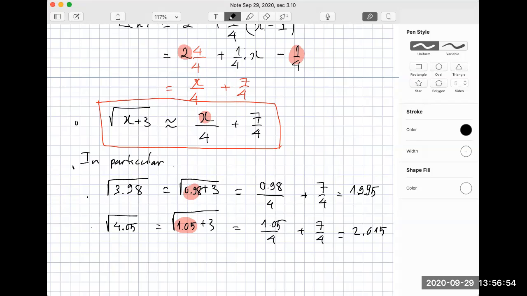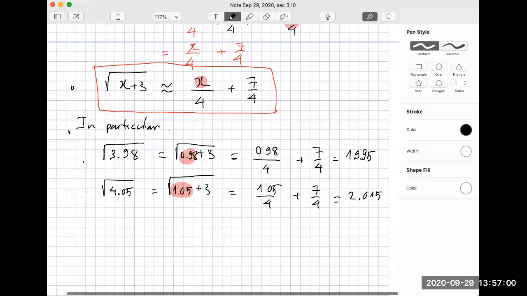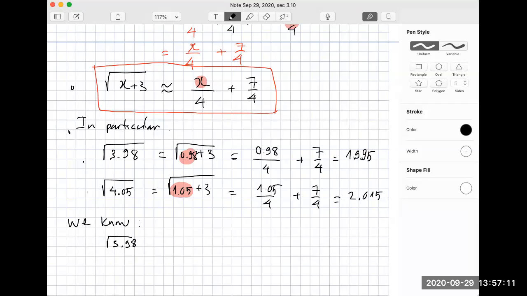We approximate this number by using this formula, and we have these numbers. But we know that we can use a calculator to find the exact value, a better result, which is 1.994994.